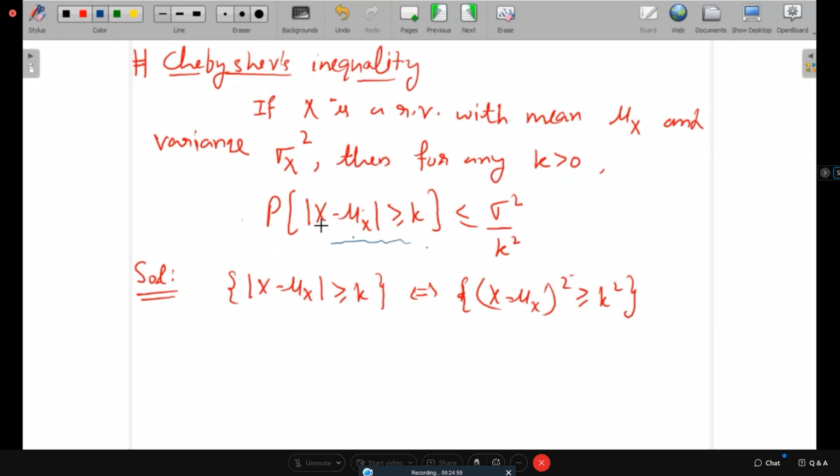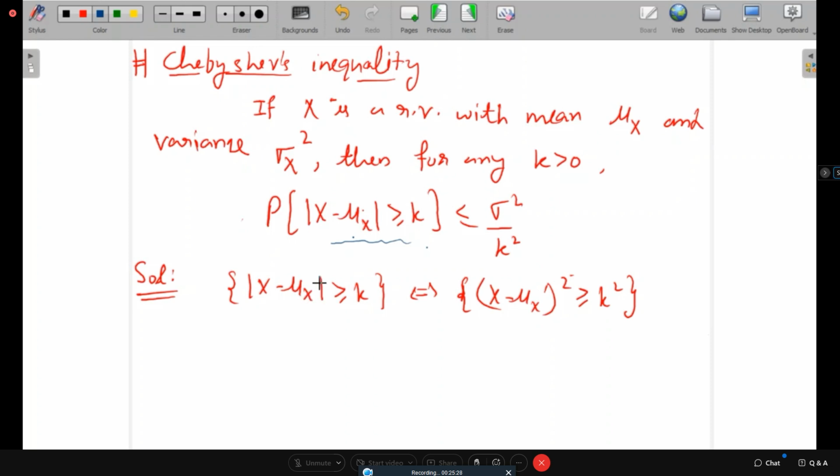Can I interpret it like this? After a certain amount of time, the probability that the values of x go apart from the mean is almost negligible. Right, I hope you got it.